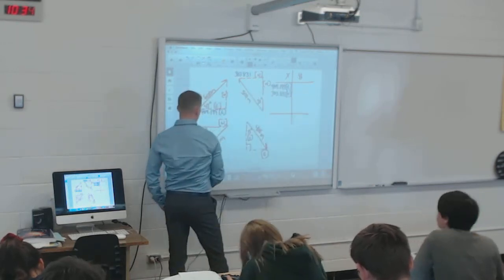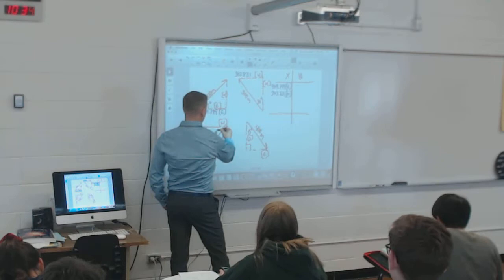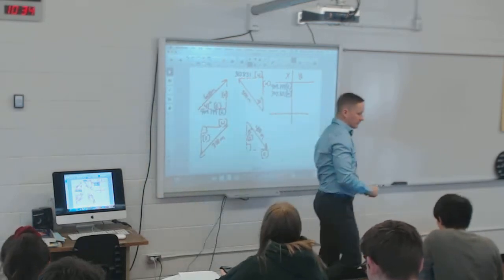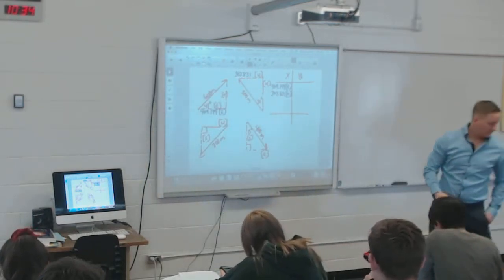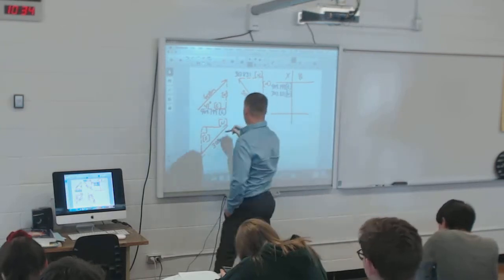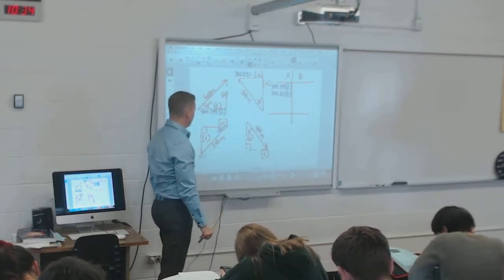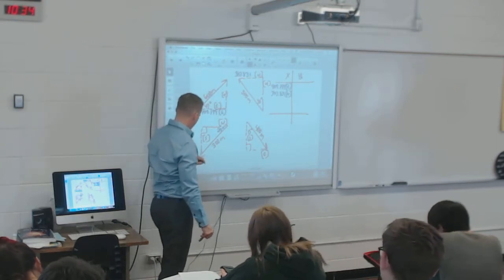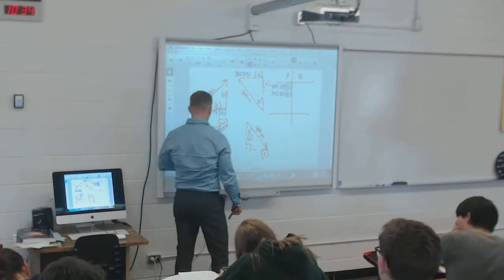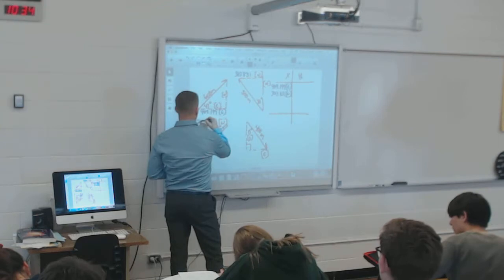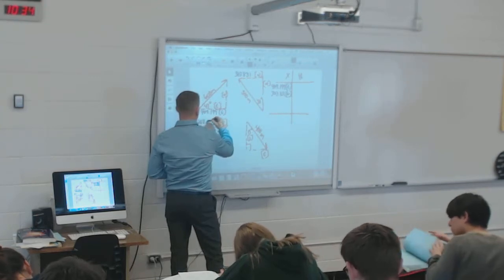Okay, down here, where's the angle on this one? West 29 south. So cosine 29 times 300. 262.386.